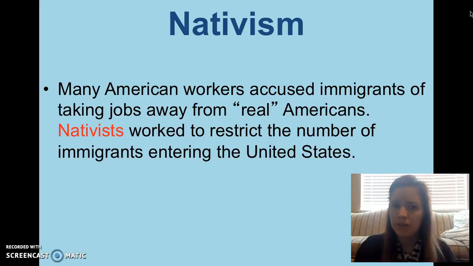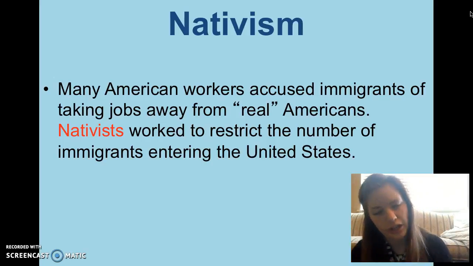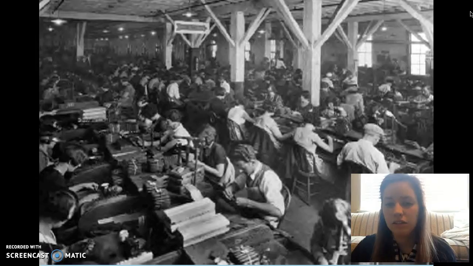If you can remember that, the same thing was going on during this time: immigrants were coming from different countries and real Americans felt like they were being robbed of their own jobs. And the same thing, because people immigrating from Mexico, especially illegal immigrants, will work for a lot less than real Americans would. The same thing was happening here.